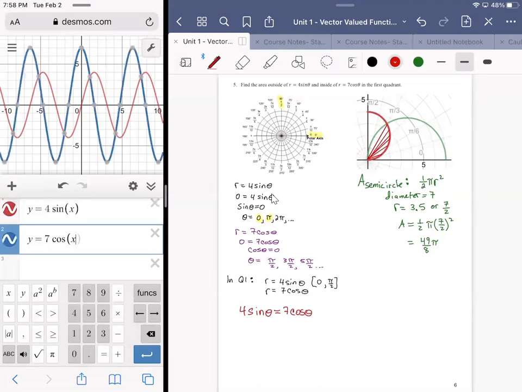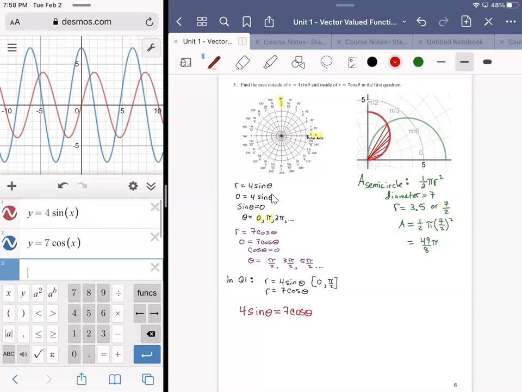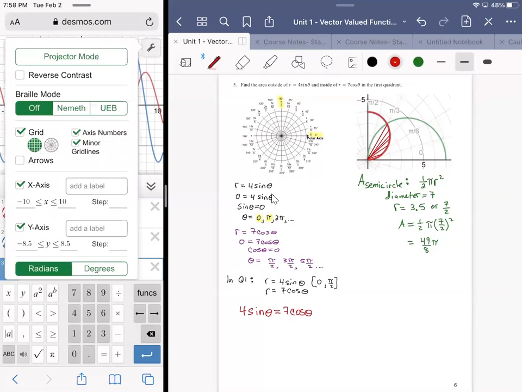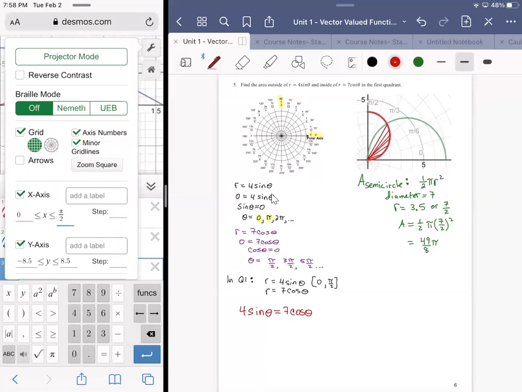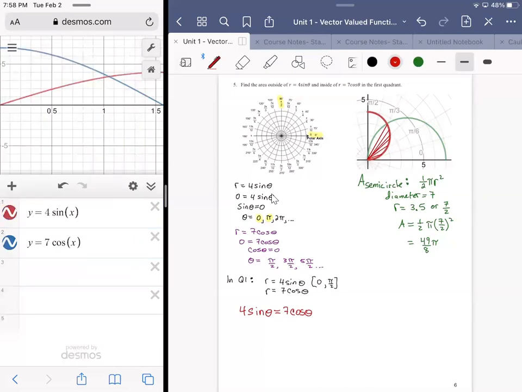I'm using x's here. The graph is a disaster, but that's okay, because I only care about the interval from 0 to pi over 2. So I restrict the domain. The intersection is about 1.0517.